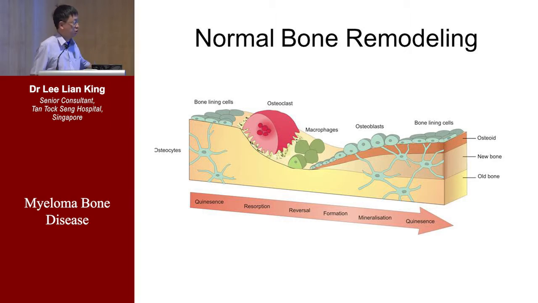The osteoclast, shown here as the large red one with many nuclei inside, creates a slightly acidic environment which dissolves the bone. After this happens, the osteoblast is the cell that lays down a matrix in the holes, and then this matrix becomes calcified. Eventually, the osteoblast becomes embedded in the calcified tissue, which is new bone. So this process of breaking down the bone and laying down new bone is going on all the time.